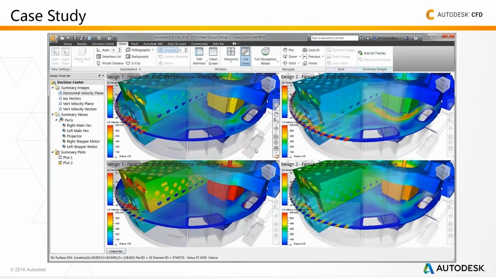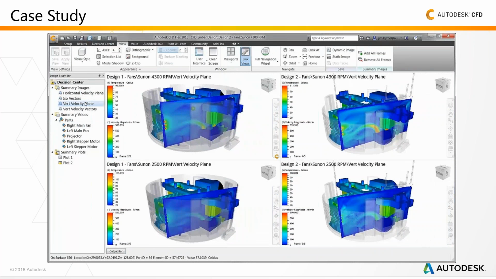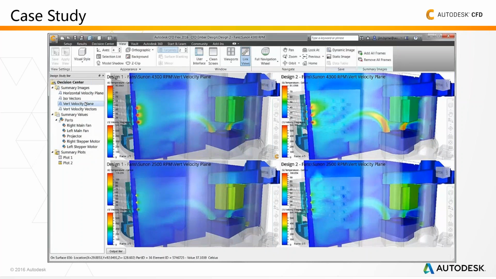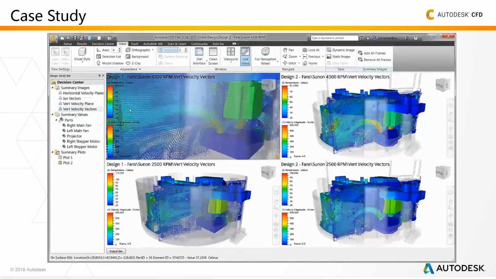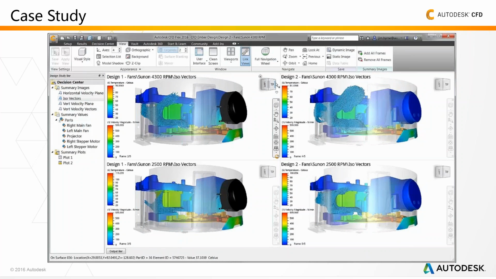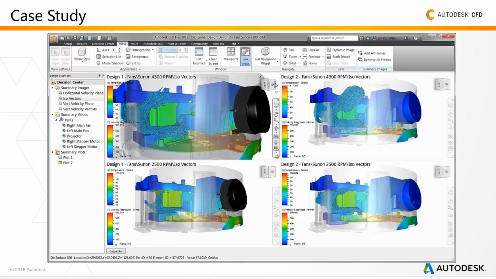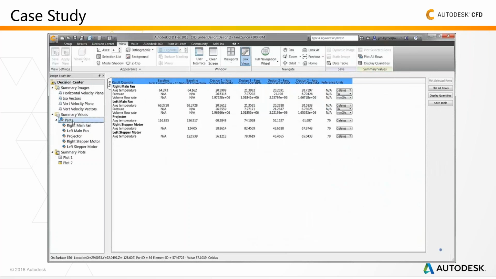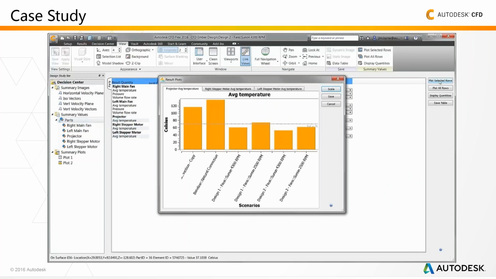And here's the decision center, which will let you compare side by side the two different CAD models, each of them with two different fan speeds, 4,300 RPM and 2,500 RPM respectively. Different plots of ISO surfaces, of arrows for direction of flow could be visible.